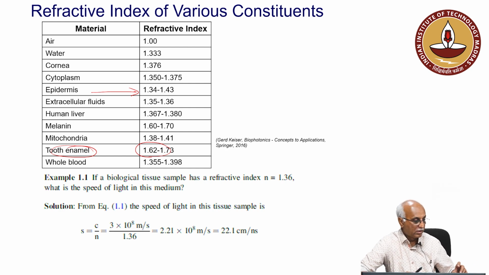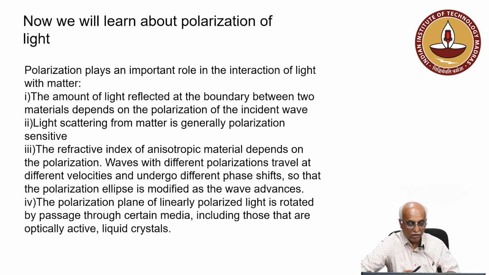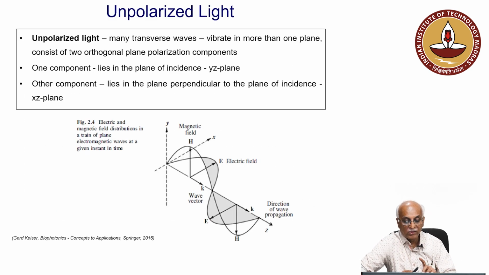Correct. Now this electromagnetic wave is in general expressed by the electric field vector and the H vector. Both are oscillating simultaneously, but in different orthogonal planes, as we understood. Now most of the light we see in our surroundings is unpolarized. What is the meaning of polarization?